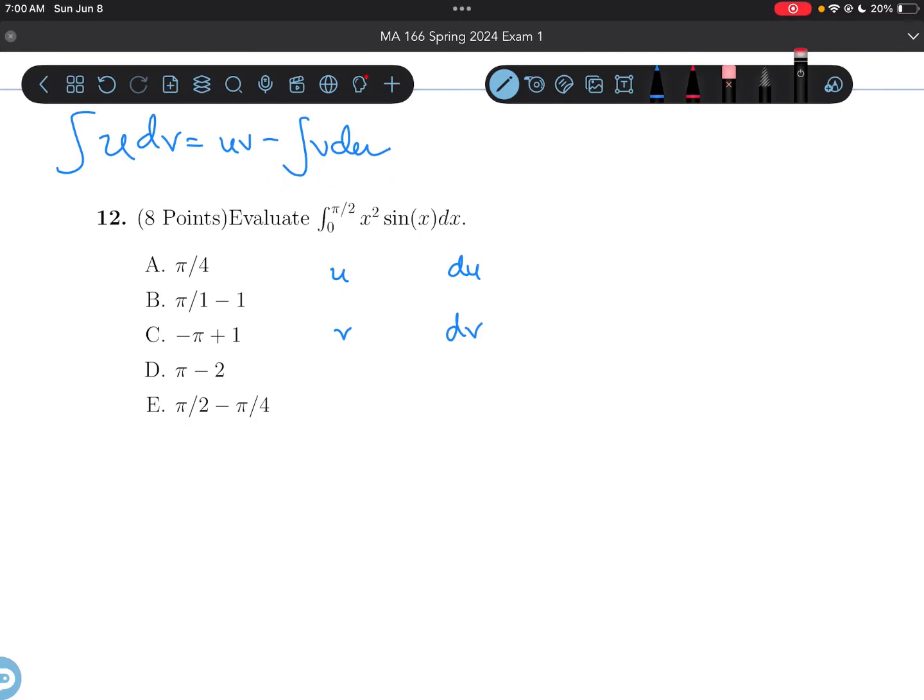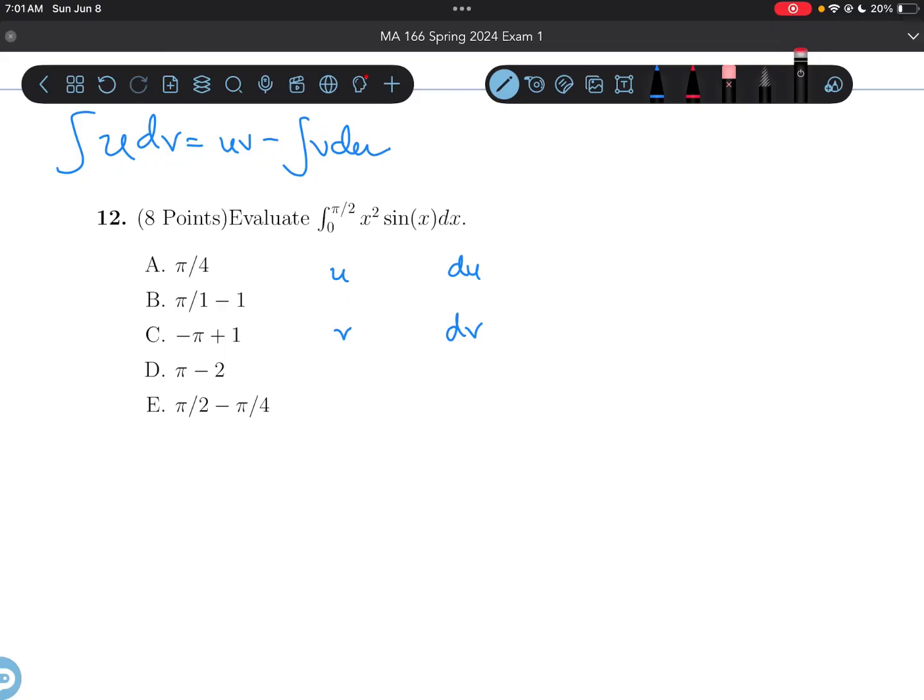If you mess up, you can make your new integral more complicated, and we want to avoid that. To make it less complicated, we take advantage of the fact that du is in our new integral, so we need to set u equal to something that simplifies once it's differentiated.